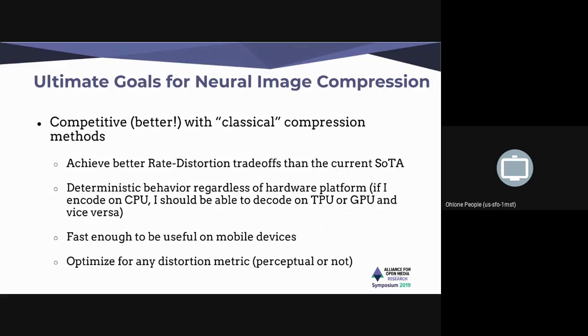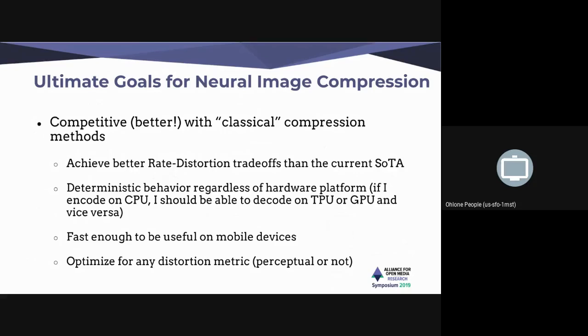Now, let's discuss some goals for neural image compression in this case. I think if this field is to be taken seriously, it needs to provide some methods which are competitive with classical compression methods in metrics that classical compression people care about. So it shouldn't be some arbitrary metric that we develop for a particular paper, and yes, we're better in that metric.